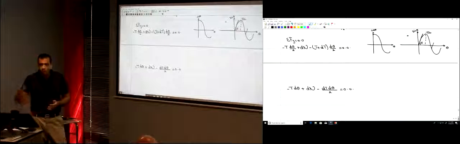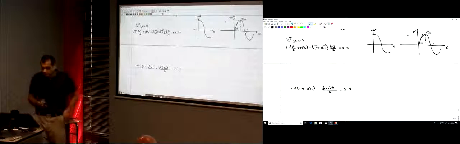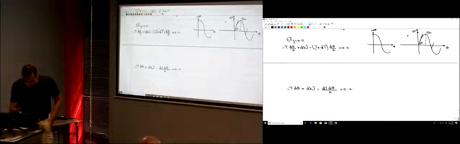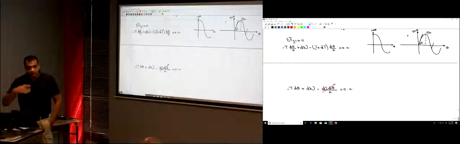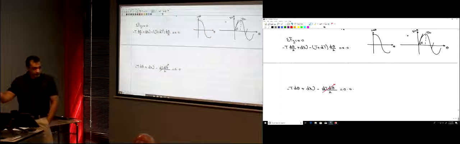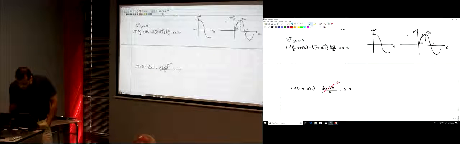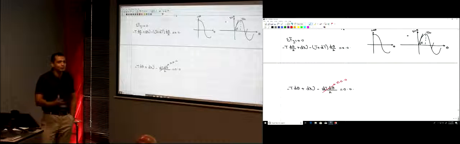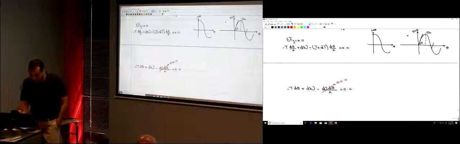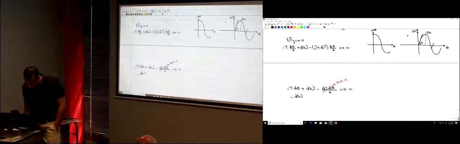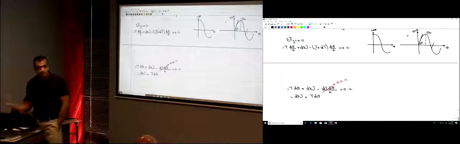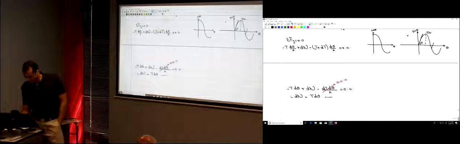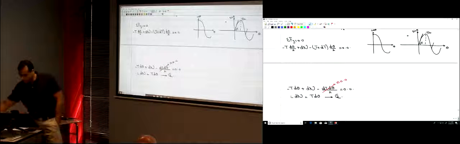It becomes smaller and smaller, right? So we're going to say this is a second order term, a small number squared, and we assume that it is 0. So now we have dN equals T d theta, right? That's equation 2.